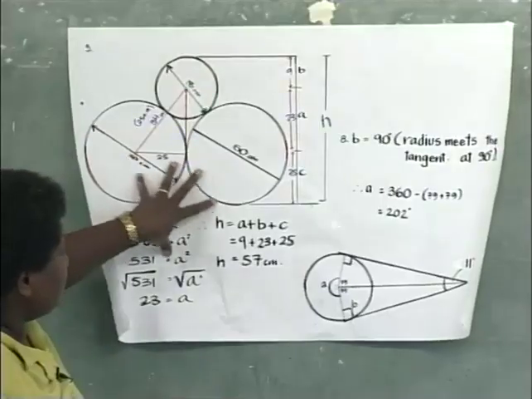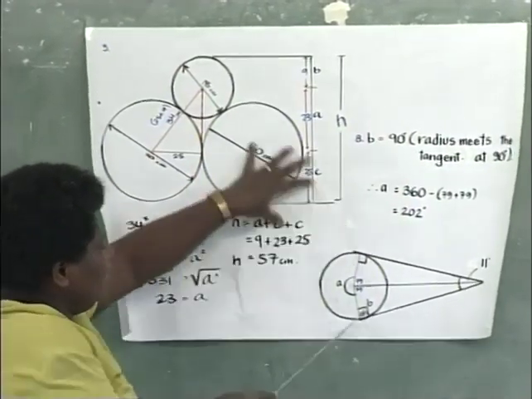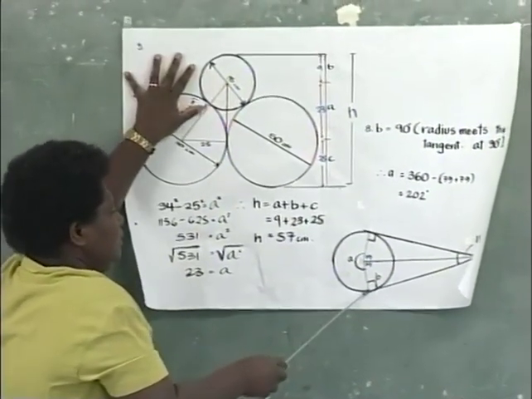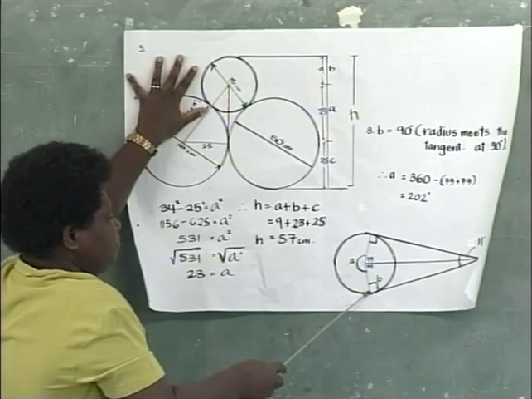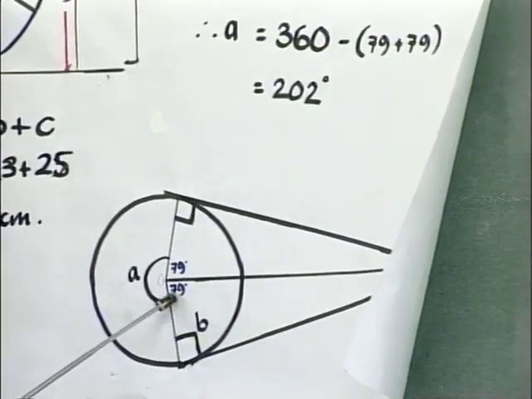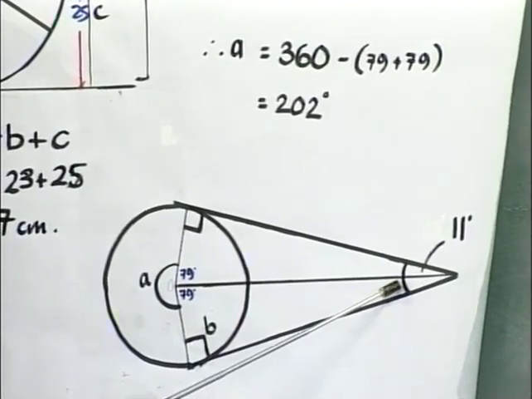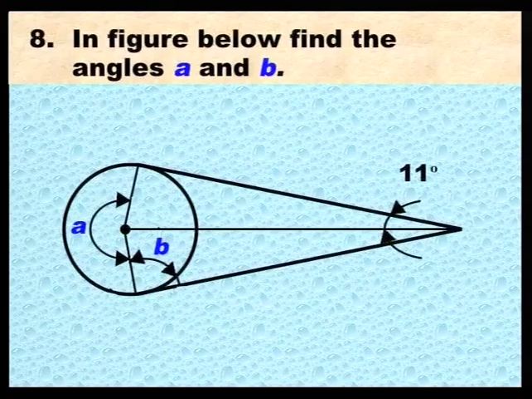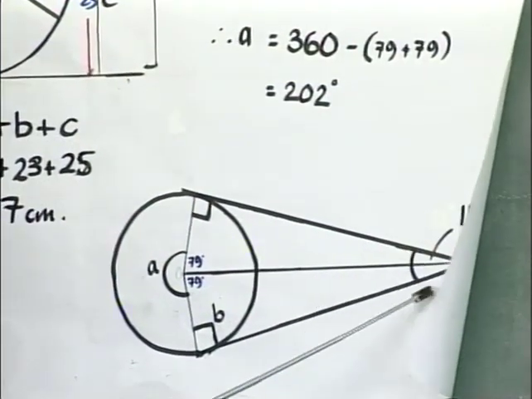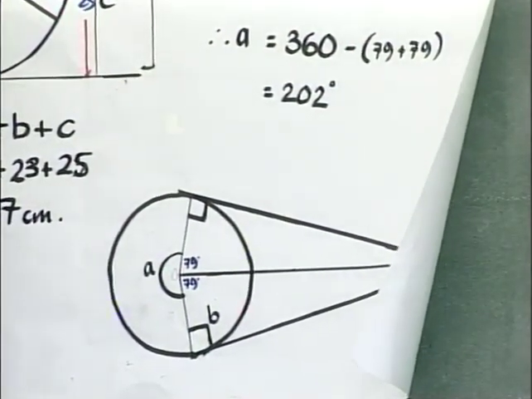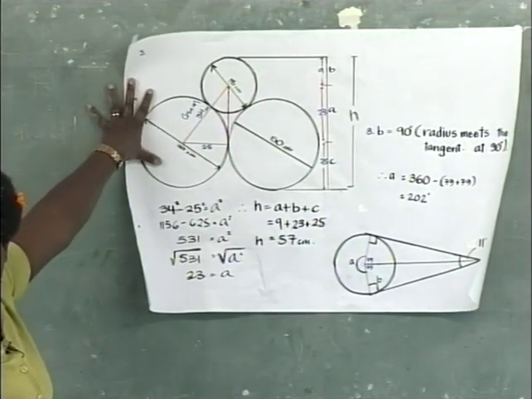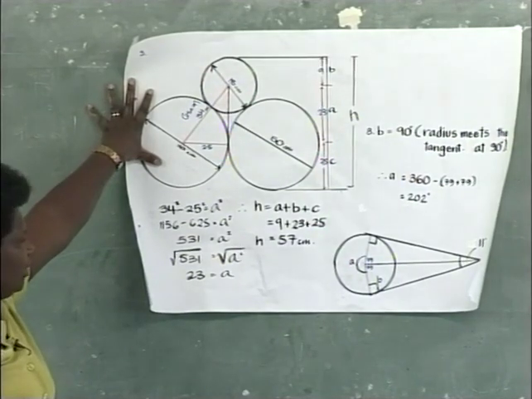All right, question 8, they said A is equal to 360. It's clear that B is 90 degrees, right? Because if this is a tangent to the circle, then B is 90 degrees. Now, this is 79 because this is 11. Is this 11, or is the whole angle 11 degrees? I think the whole angle is 11 degrees.